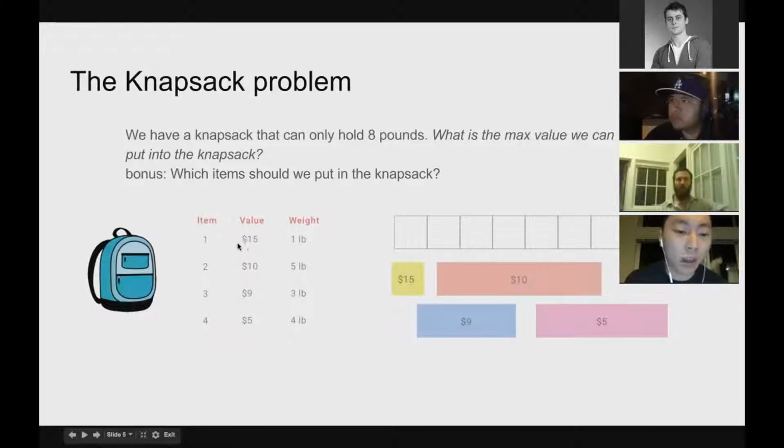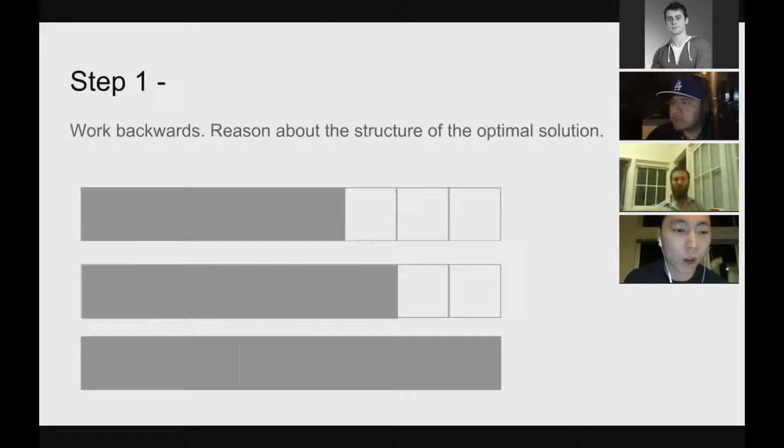So, the knapsack problem. Again, you have these 4 different items of different weights and values, and how can you optimize what you're putting into the knapsack? I've drawn it out in terms of slots and squares, so we're trying to maximize what we put into these 8 slots. Step 1 for dynamic programming is to work backwards. You want to reason about the structure of the optimal solution, so imagine what the final result is.